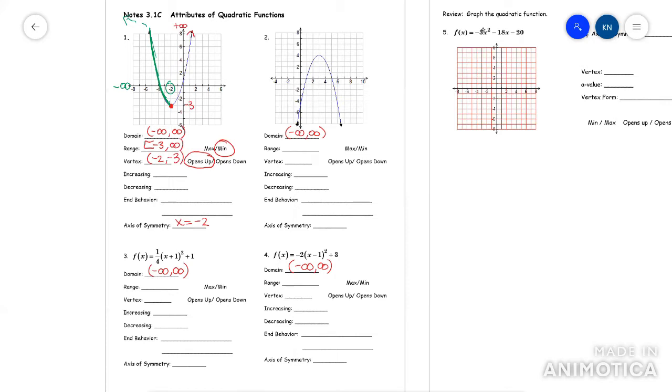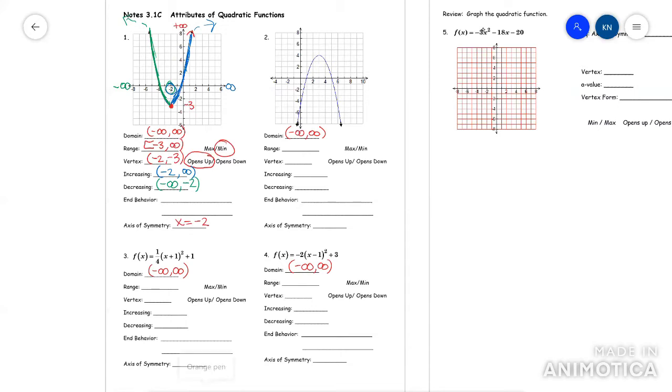And for increase, decrease, use parentheses on both. Don't use a bracket. Like that. Now, this blue section would be increasing. And again, you're answering using x values. It's increasing from this -2 spot all the way forever to the right, which would be positive infinity. Like that.